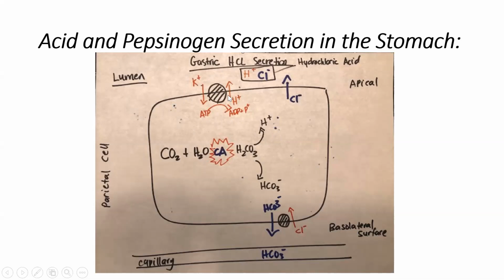And so that is how hydrogen ions move across the apical surface of this parietal cell. So if we combine that hydrogen ion with the chloride that is being passively moved across here as well, that gives us the hydrochloric acid that makes the acidity of the stomach lumen. That is basically how hydrochloric acid is secreted. Okay.